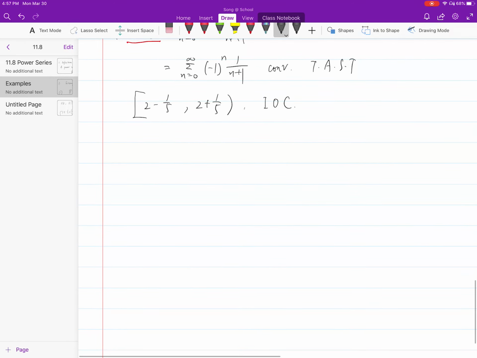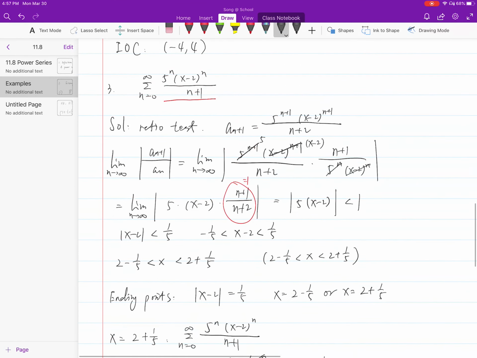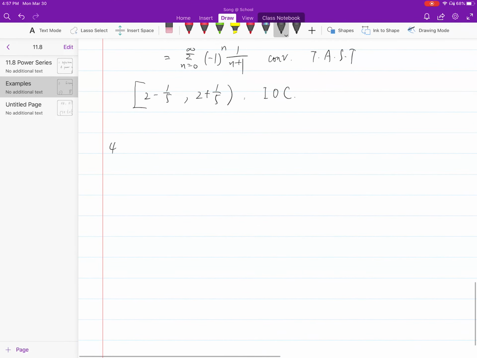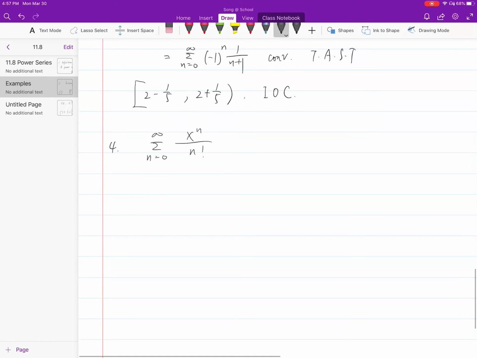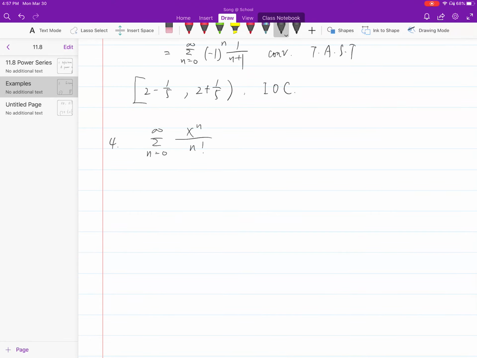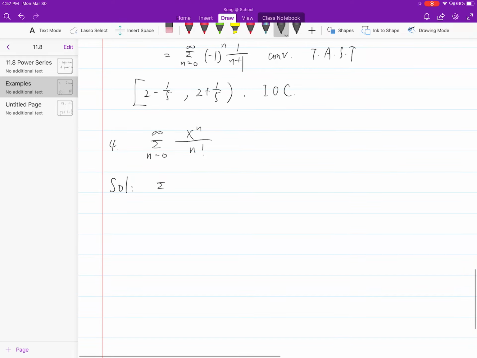Okay, let's try another example. I know it's kind of a confusing object, but let's try another example. Let's put factorial in. This one becomes even more interesting. So, ratio test. n plus 1.